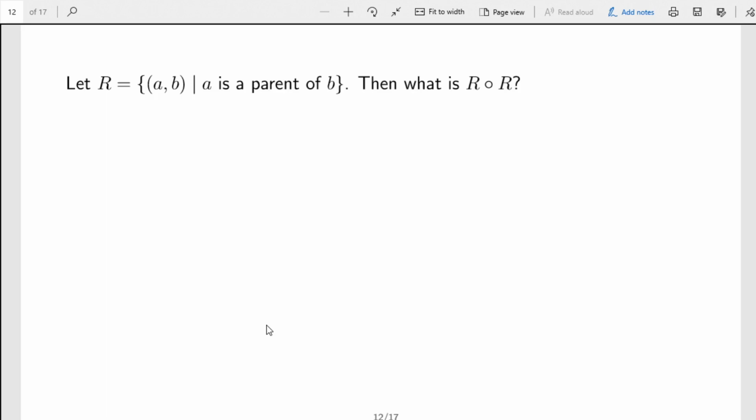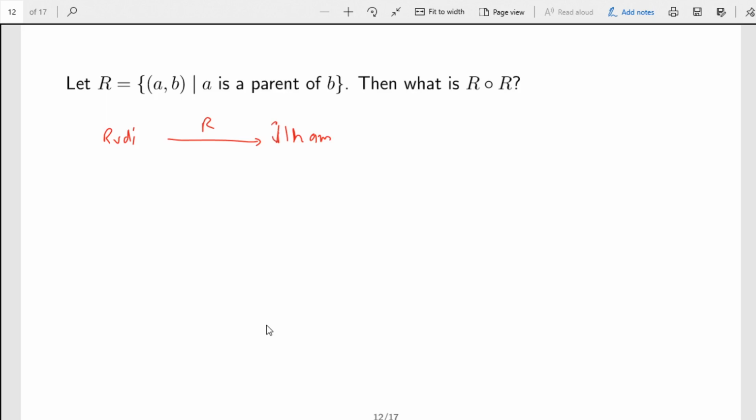To get an idea what the answer will be, let's draw some examples. Let's say Rudy is a parent of, say, Ilham.